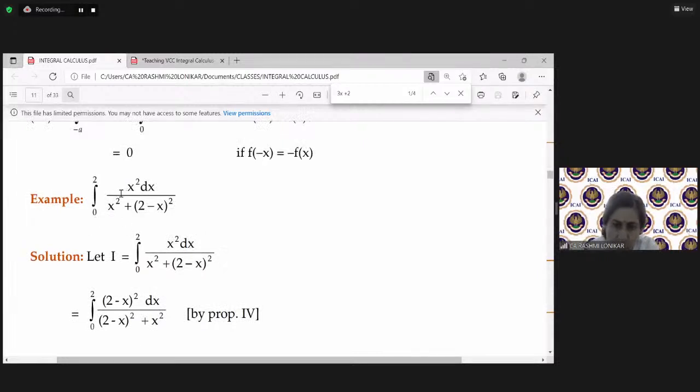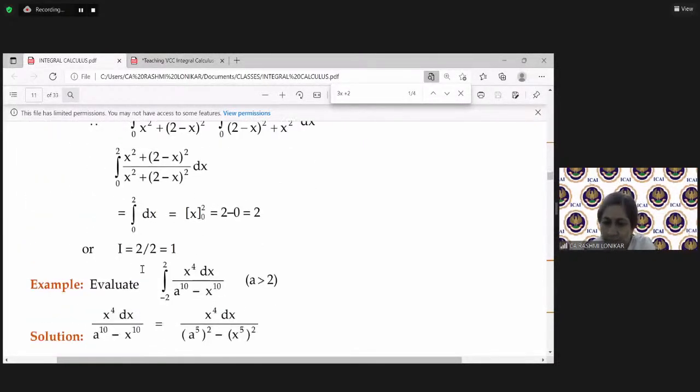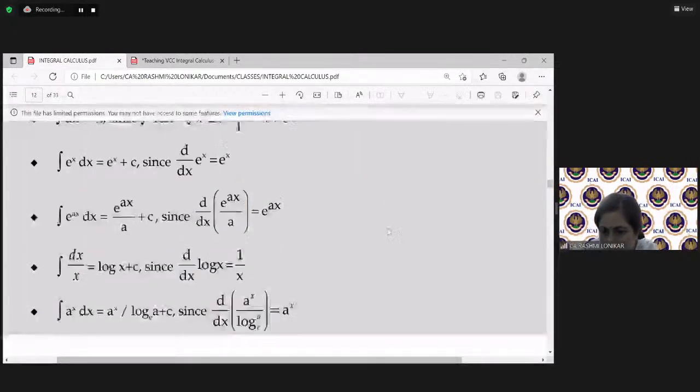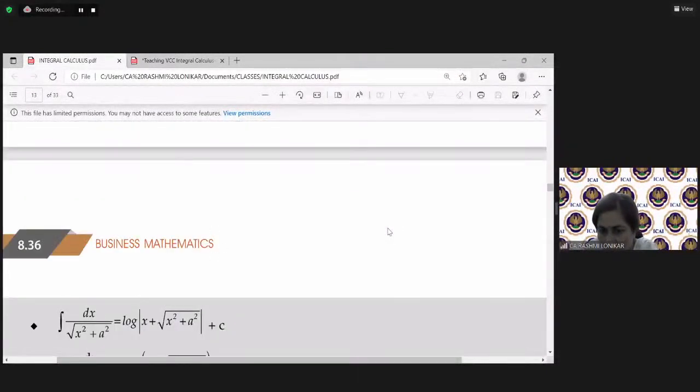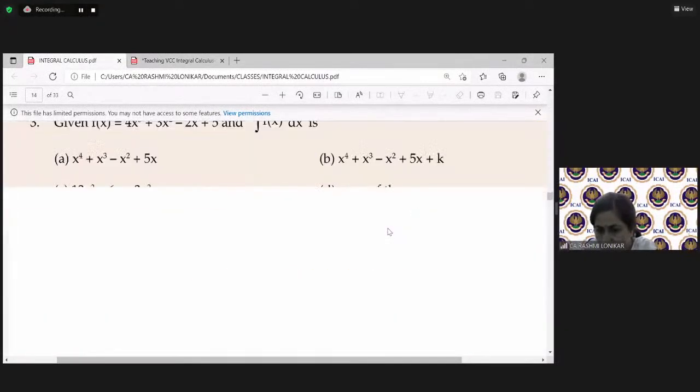The x is always there. And in the last step, I substitute the value of x, and then see here I get x from 0 to 2. Is that clear? I'm just checking in the exercise whether you have these sums where you will be using these formulas.